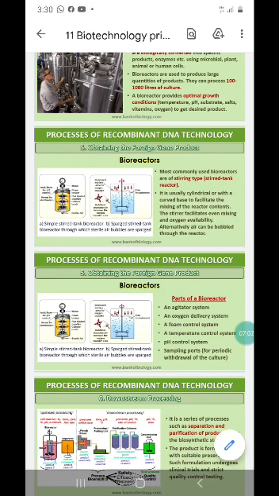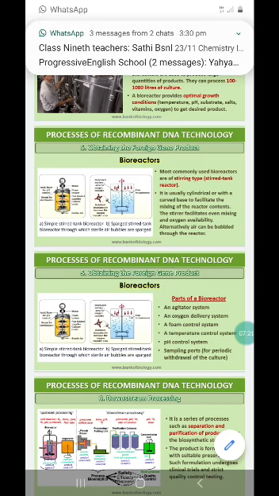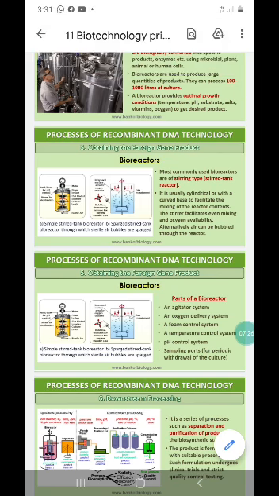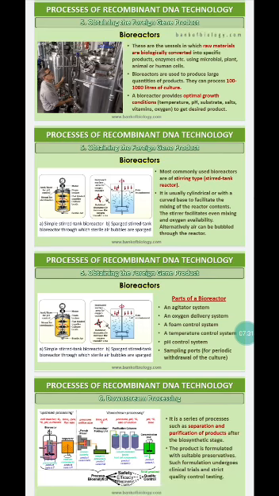We make insulin out of the bacterial cell. We can make proteins, enzymes, vaccines, and antibiotics. So these are the different proteins or enzymes made or derived out of bioreactors.